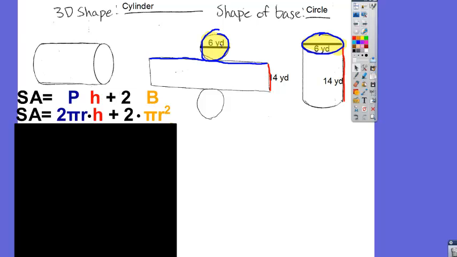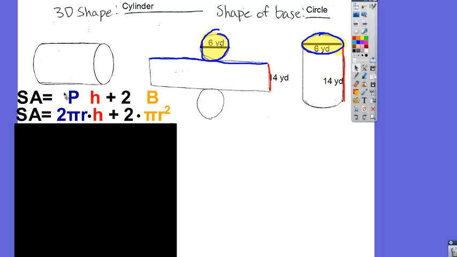So if I just do big P times H, the perimeter of the base times the height, that just gets me the area of everything that is the lateral area, everything in the middle. And then I add on the area of the two bases. This is the formula for any prism because a prism has two bases, and then you have the area of the space in between. So that's why this formula works.